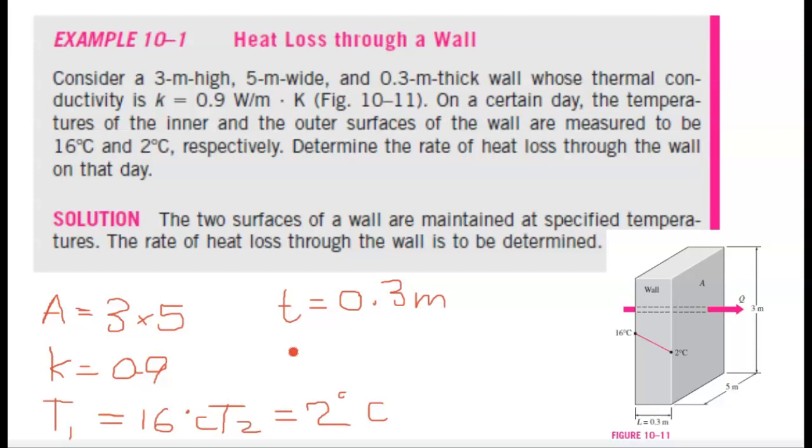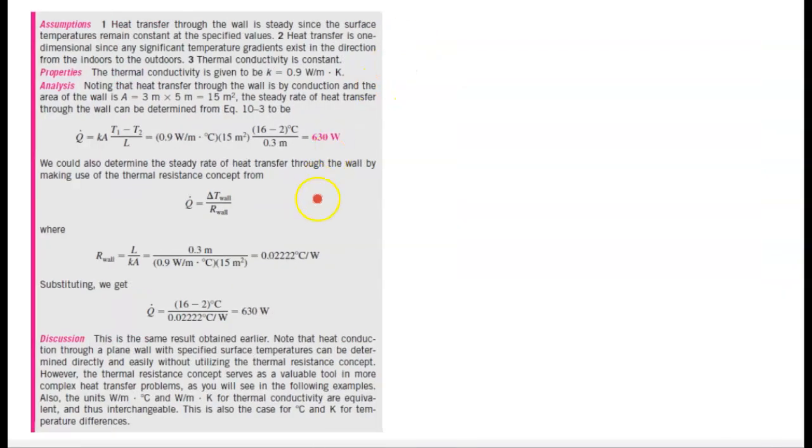The reading was 16 degrees centigrade and 2 degrees centigrade. We need to find the rate of the heat loss through the wall. So we got the area 3 times 5, K is 0.9 watts per meter Kelvin, T1 is 16, T2 is 2 degrees. Okay, and we are given the thickness as well.